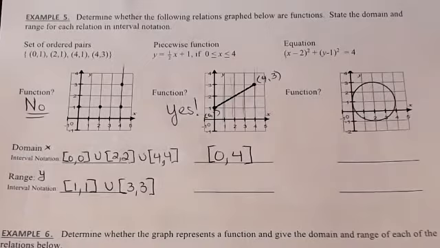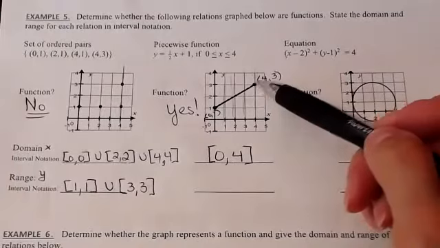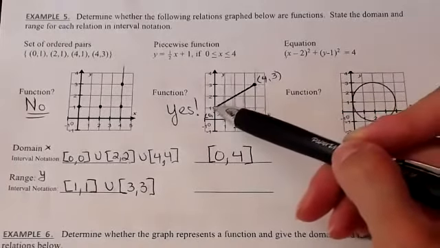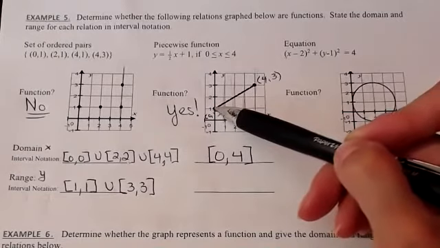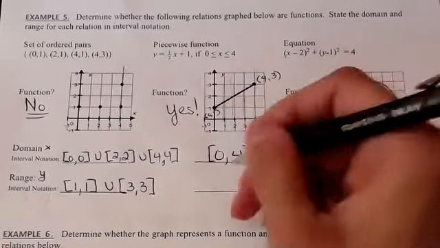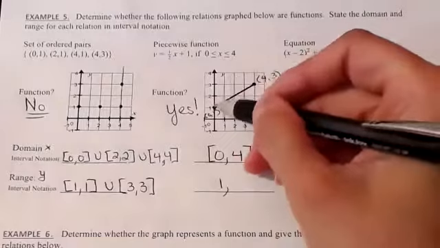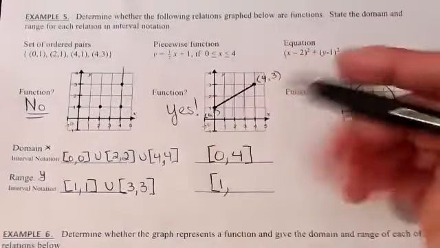Next, let's focus on our y values for our range. We want to think, what's the smallest y value to what's the highest y value? So essentially what we can do is follow this graph as low as we can go. The lowest point here is at (0, 1), which implies the y coordinate is 1. Notice it's a closed circle, so we're going to use a bracket.